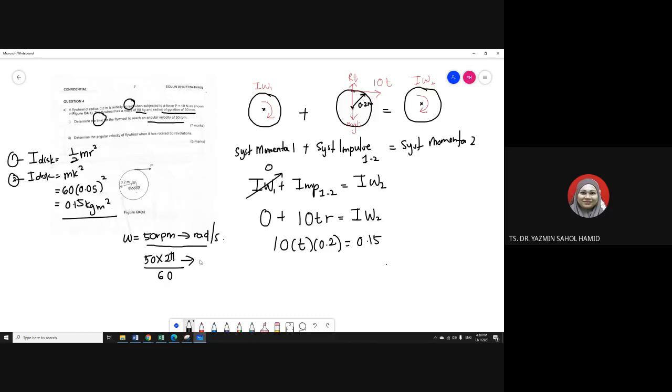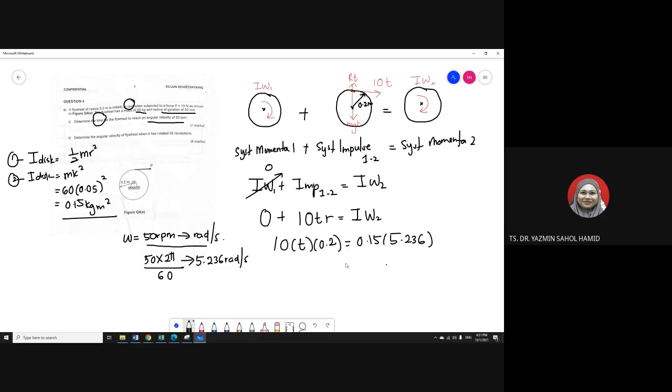You get 5.236. So 5.236 radian per second.